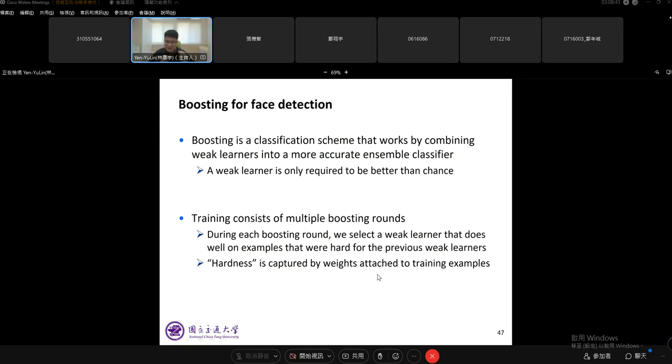We have knowledge about AdaBoost, and we also have some prior knowledge about face detection. We project a 24 by 24 pattern into a high dimensional space with a feature number of more than 160,000. It is impossible to learn a classifier in such a high dimensional space. So in this situation, AdaBoost helps.